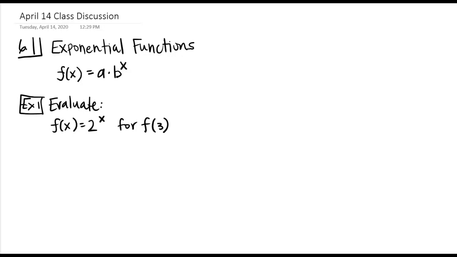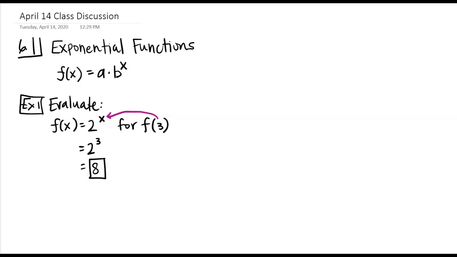So remember, when we have something in this function notation, that's telling us to take that number and put it in place of x. So we're putting that 3 in place of x. So if I'm evaluating this, then it's really going to be 2 to the 3rd power, which is 8. So f of 3 for this function is 8.